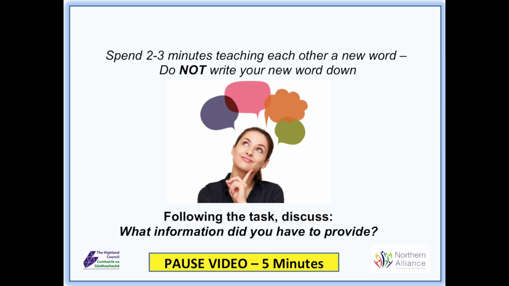The first part of this training is going to explore an approach to supporting children's vocabulary development across the early learning and childcare setting. Prior to accessing this training, you should have accessed a selection of words, and each person should have the new word and the associated definition.